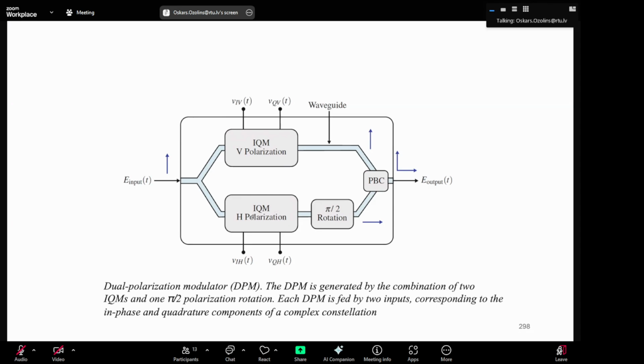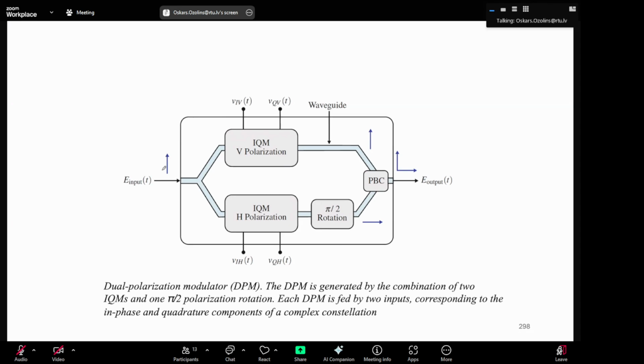In practical systems these are two exactly the same IQMs with the same laser. So in order to achieve orthogonal polarization, you need to apply rotation to one of these channels. So in this way, you will have two orthogonal outputs.